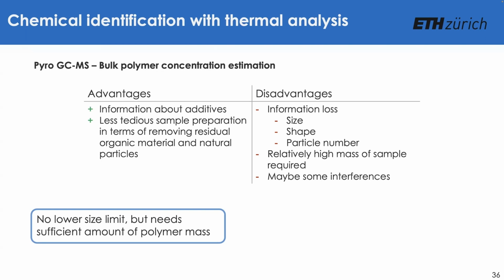But a disadvantage is that we have a lot of information loss in terms of particle size, shape, and particle number. We only know the total mass of plastics which are there. So again, it really depends on which type of information you're looking for in your sample, if you would choose to do pyrolysis GCMS versus something like micro FTIR, which would be able to give you these different pieces of information.